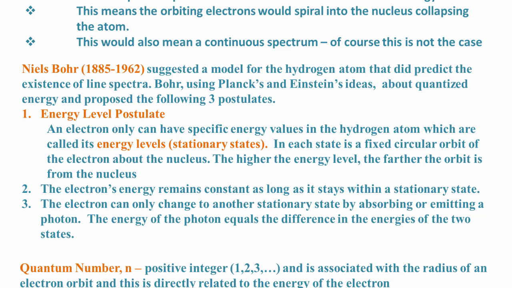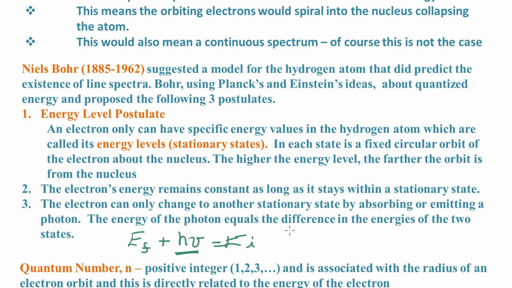And then there's number 3. The electron can change to another stationary state by either absorbing energy or emitting energy. So by absorbing a photon or by emitting a photon. So the energy of the photon is the difference between those two states. So the final energy plus h nu is going to equal the initial energy.